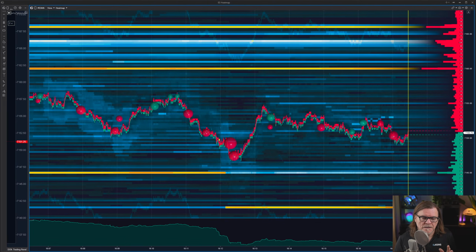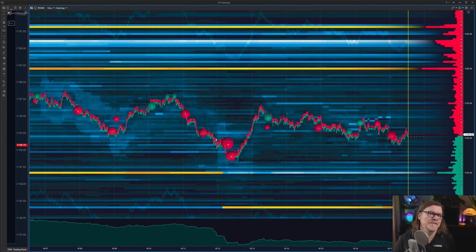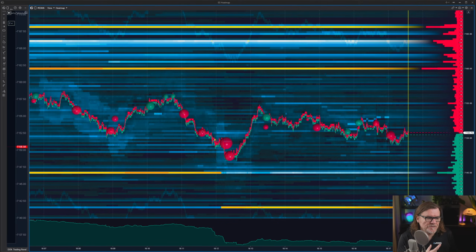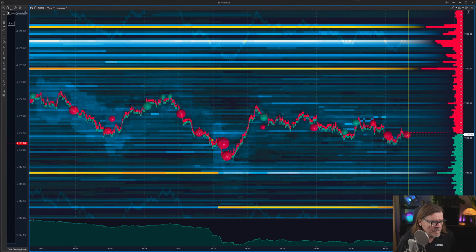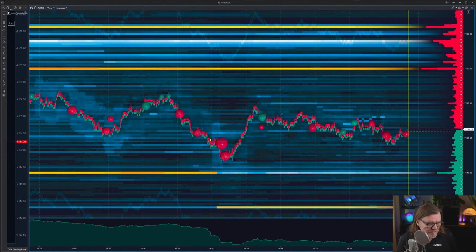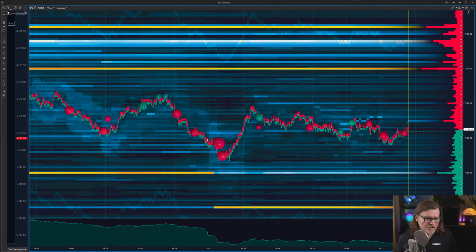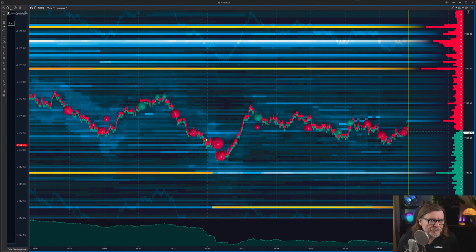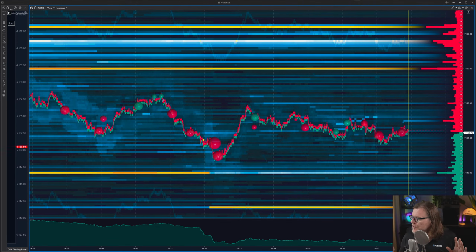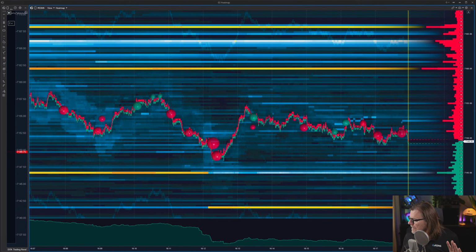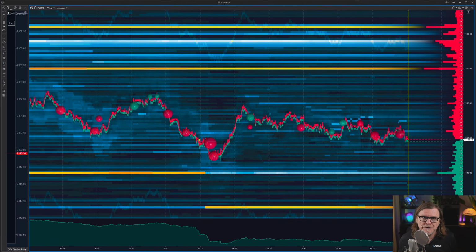ATAS is focused on centralized exchanges, which means CME, CBOT, NYMEX, COMEX, Binance, Bybit, Kraken, Frankfurt Exchange, and so on, Nasdaq stocks, but not particular CFD brokers, not Forex brokers.